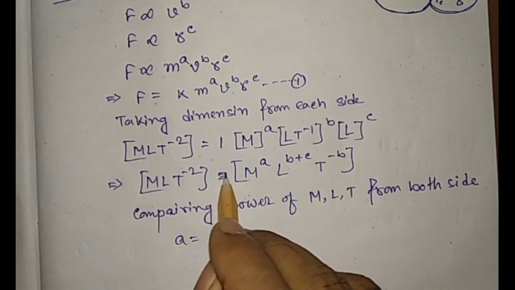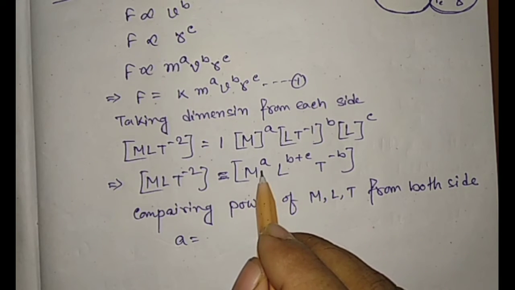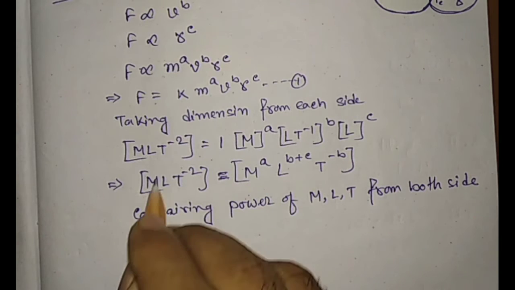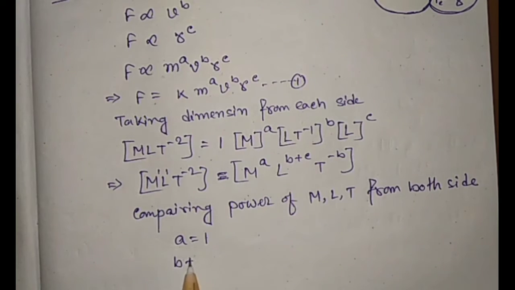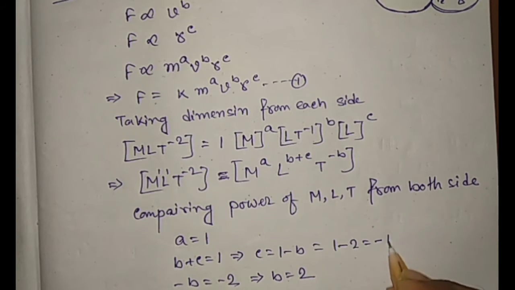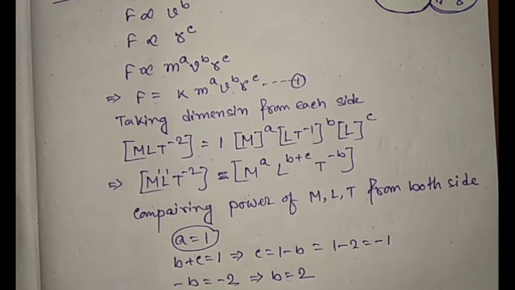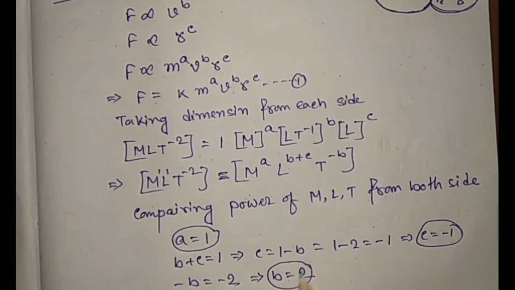Here you can see that M L T equals M L T. So obviously the power a equals 1, L to the power 1, that means b plus c equals 1, and minus b equals minus 2, which implies that b equals 2, and c equals 1 minus b, that is 1 minus 2 equals minus 1. So the value of a is 1, the value of c is minus 1, and the value of b is 2.